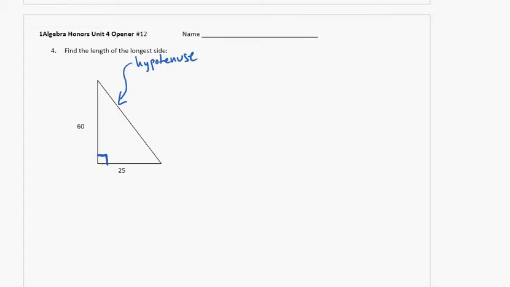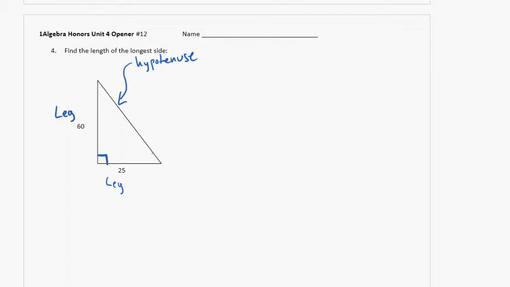And it's the side that is across from the right angle. So if you start inside the right angle and you sort of shoot yourself out of it, you will always hit the hypotenuse. The other two sides we just call the legs. That's one of the legs, and this is the other leg.